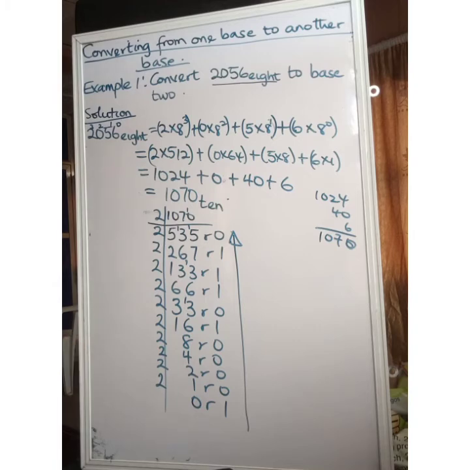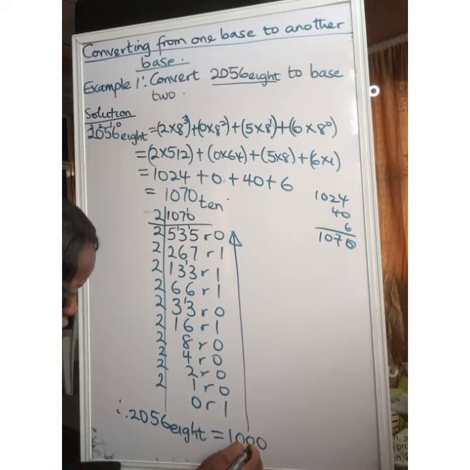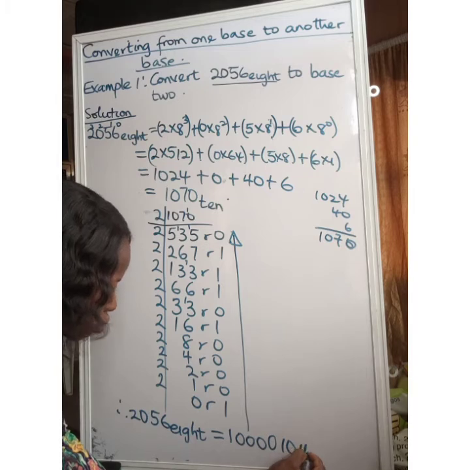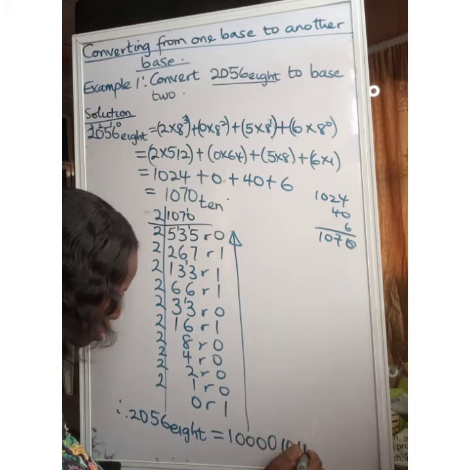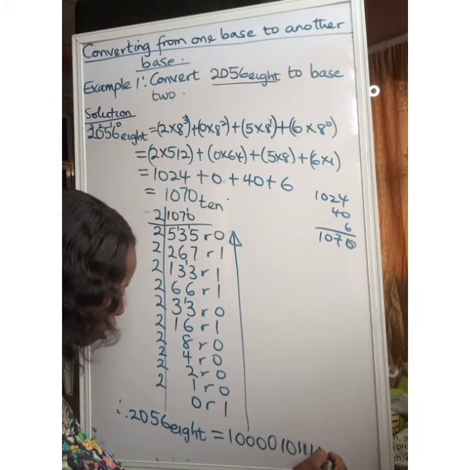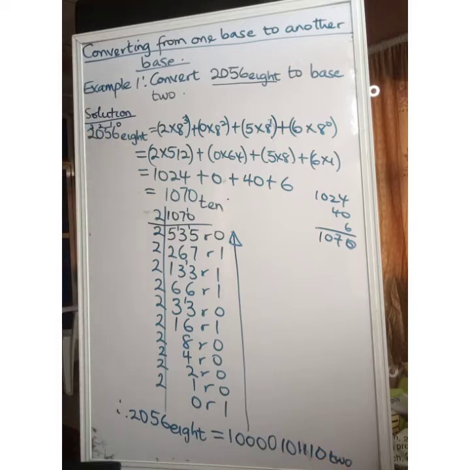So our answer will be, therefore, 2056 base 8 equals 10000101110 base 2. That's our answer.